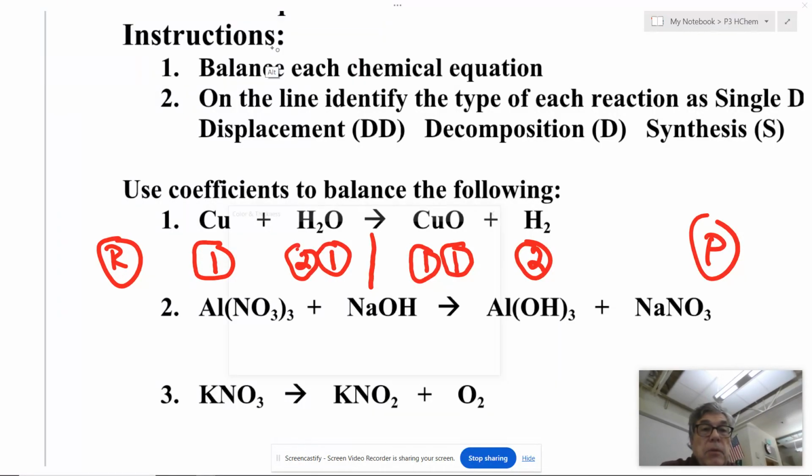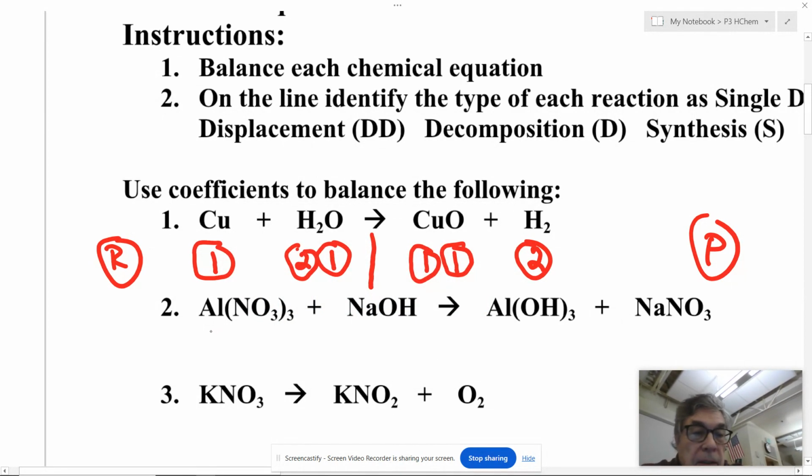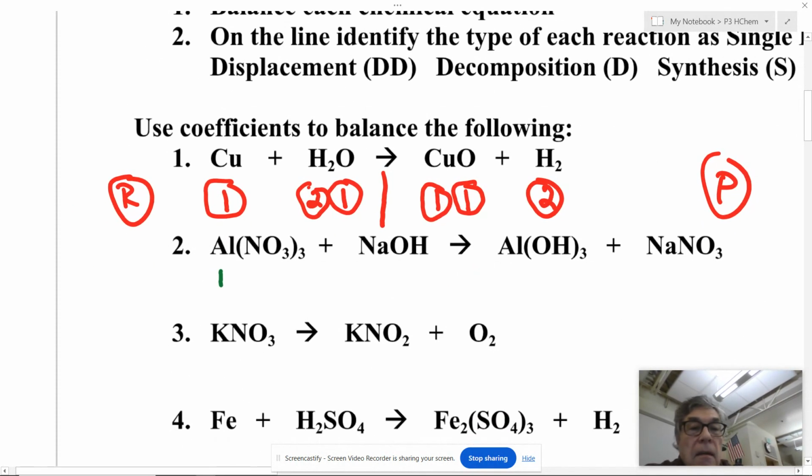And for reaction number 2, we're going to do the same thing. I'm going to write directly below the element: 1 aluminum, 3 nitrogens. Remember, this 3 multiplies back inside the parentheses, and 9 oxygen. Here we have 1 sodium, 1 oxygen, and 1 hydrogen. So we've got to remember here that we're going to have oxygen in a couple different places on both sides of the equation.